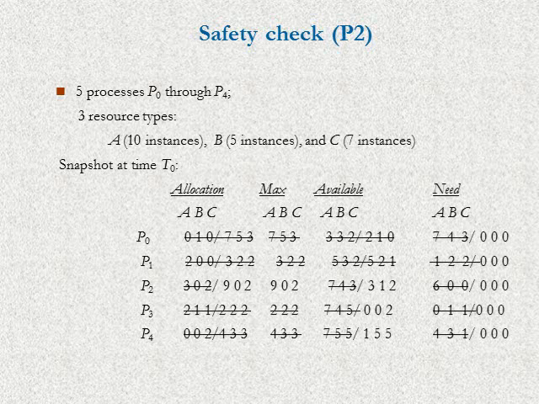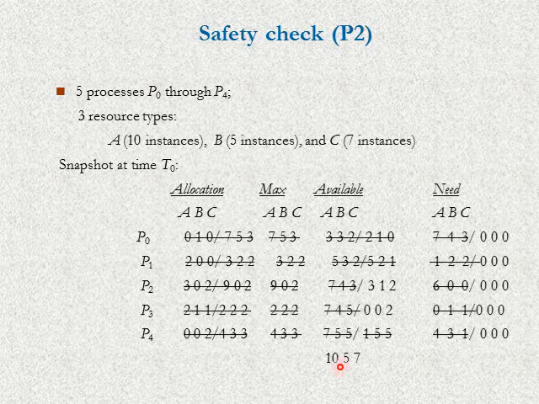Now as P2 has all the resources that are required to complete its execution, we can assume that P2 will complete its execution without any further delay. And once it completes its execution, it will return back all the allocated resources to the system. Now, this is the new state of all the data structures after the execution of all of the processes.